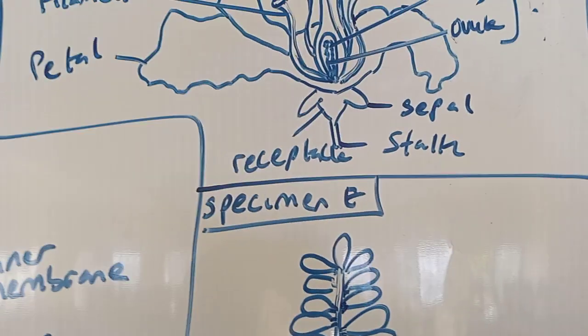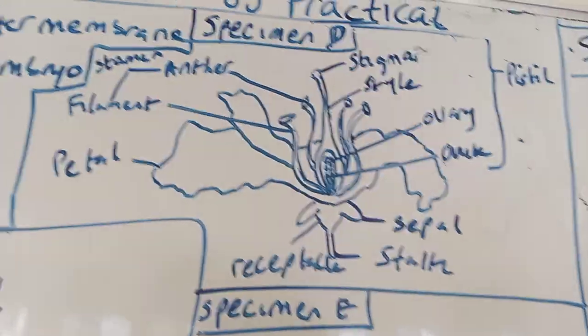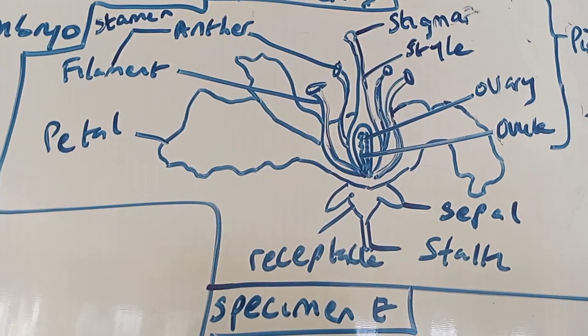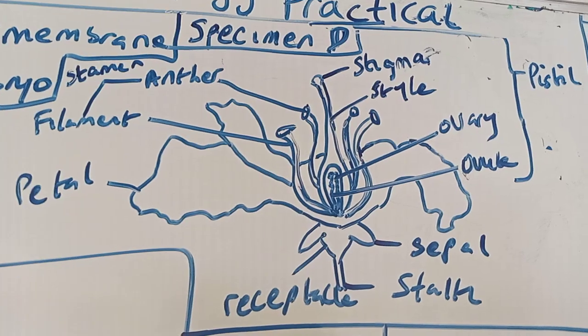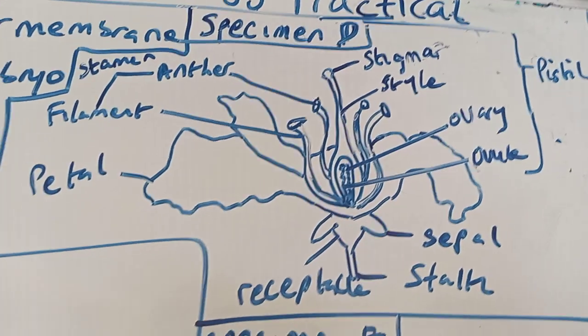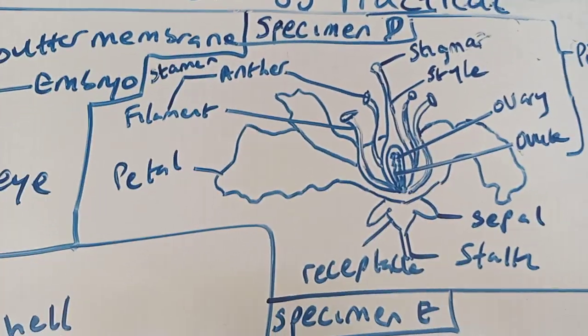The receptacle carries the flower. The petal aids in pollination. It attracts insects for pollination. The anther is where you have the pollen grain, the male sex cell. The filament is what carries the anther.